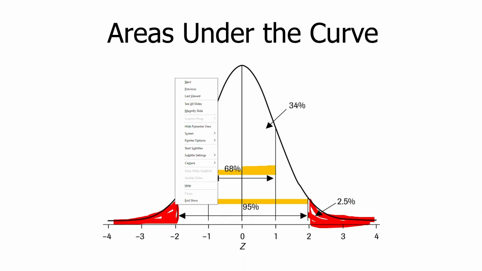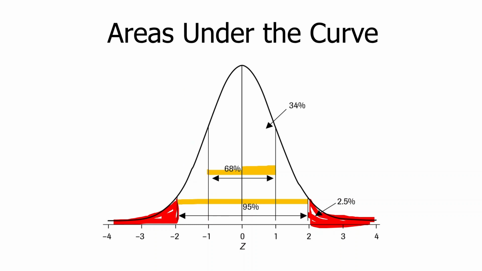There's no systematic processes doing this. Chance will produce these flukes. 2.5% of the region below z of -1.96 and 2.5% in the region above a z of +1.96.